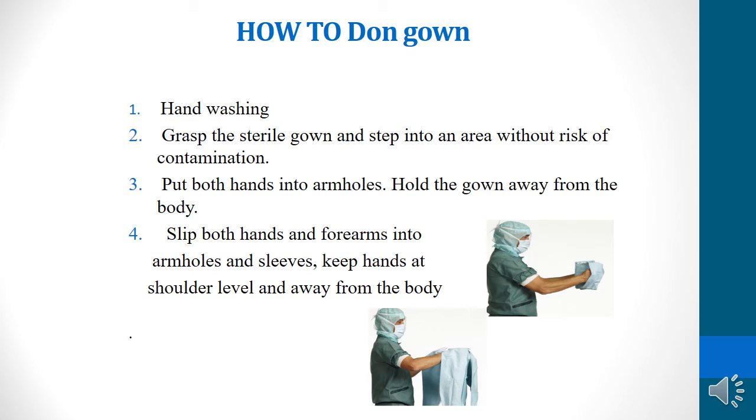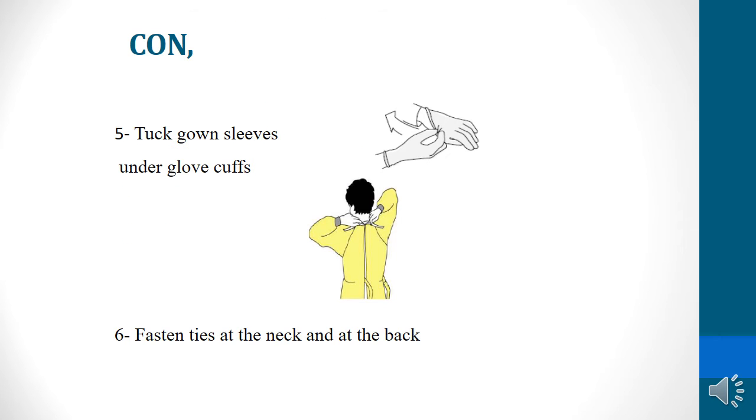Keep hands at shoulder level and away from your body, like we are seeing in this photo. Take the gown sleeves over the gloves, then tie at the neck and at the back, like in this photo.